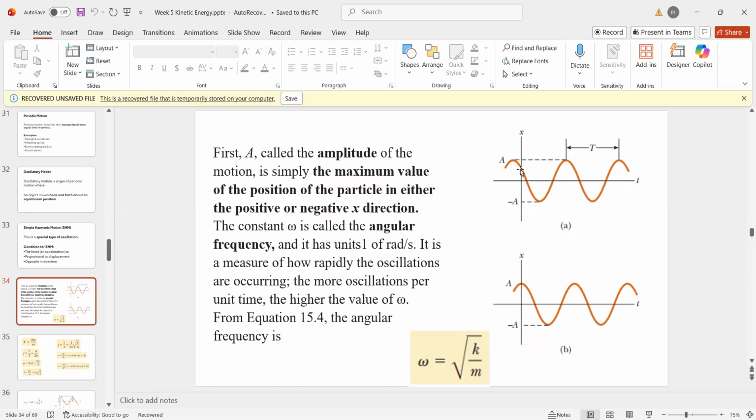So now we are talking about how the period relates to the frequency. So long as you know the period, you could find the frequency. How does the period relate to the frequency?